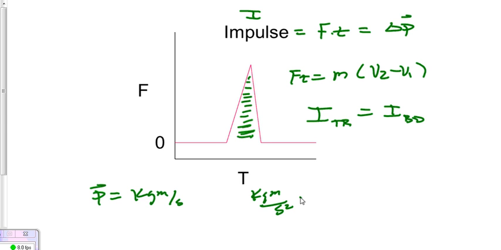If we multiply this by seconds, which is time, one of the seconds will cross off, and we are indeed left with kilogram meter per second, and we see that those units agree. So after I take the area underneath this curve, I could set that equal to the mass of the object, multiply by its change in velocity, and figure out the change in velocity or the final velocity for the object. And that's how we handle impulse and collisions for Chapter 6.